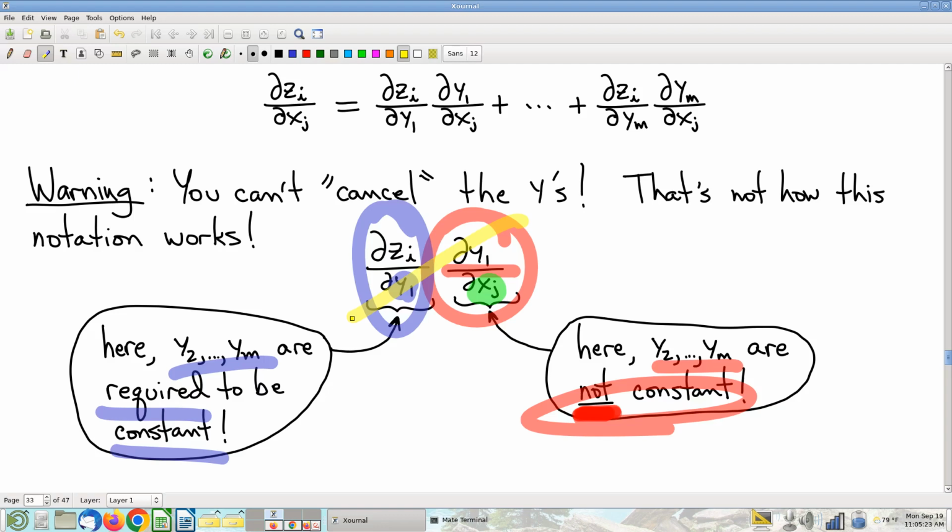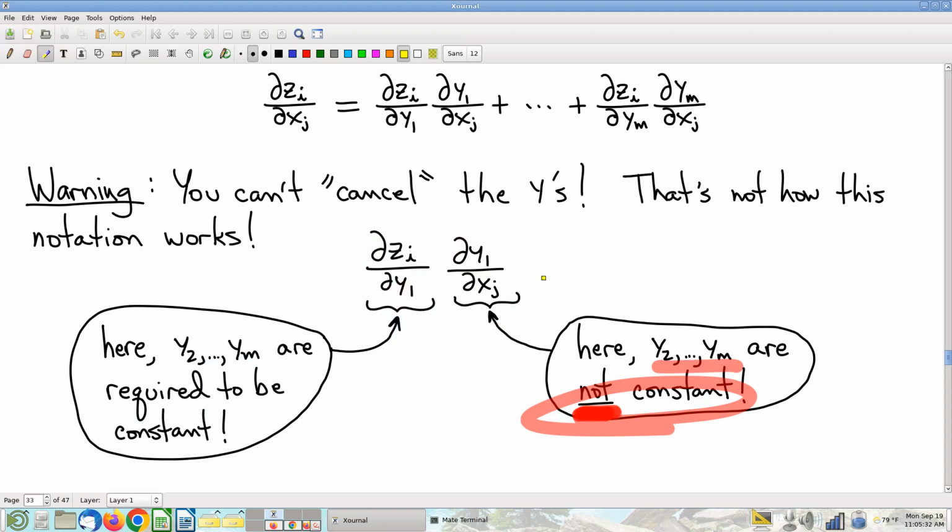So, anyway, make sure that you don't accidentally do this cancellation. I make a big deal out of this because I do see this on tests far more often than I'd like, and so don't let that be you. You cannot cancel like this. Okay, is everybody good with that?